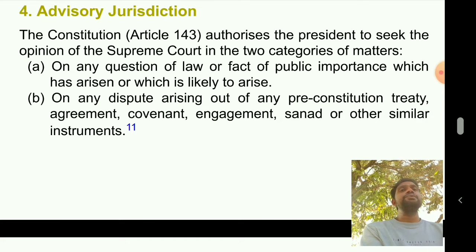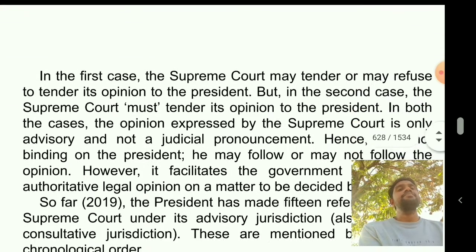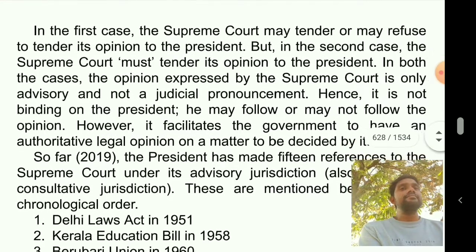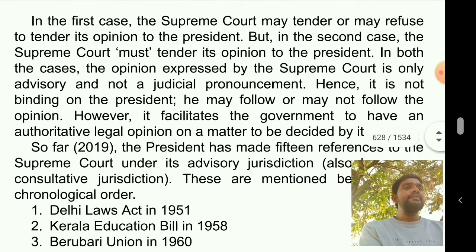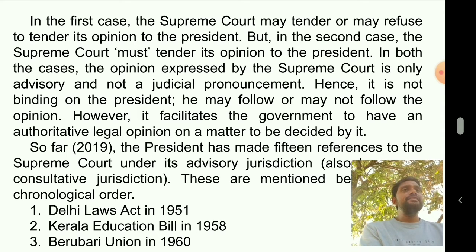B. On any dispute arising out of any pre-constitution treaty, agreement, covenant, engagement, sanad, or other similar instruments. In the first case, the Supreme Court may tender or may refuse to tender its opinion to the President, but in the second case, the Supreme Court must tender its opinion to the President.